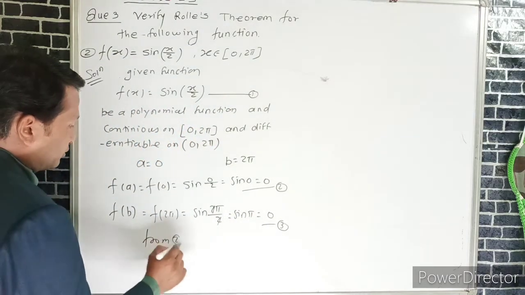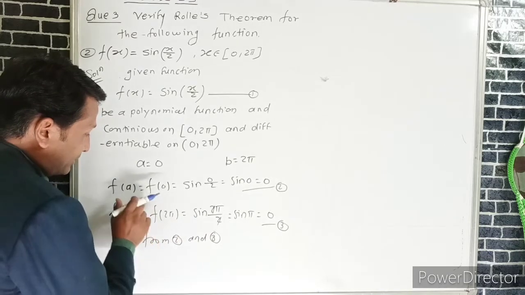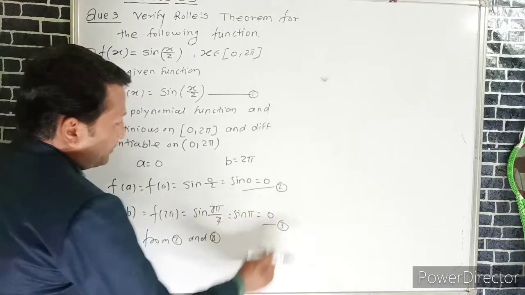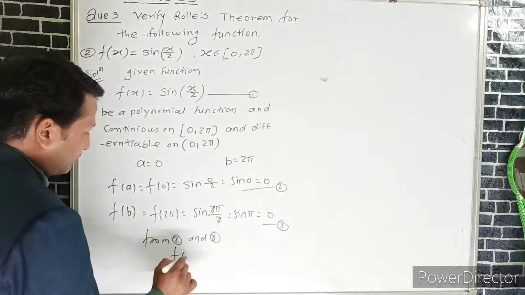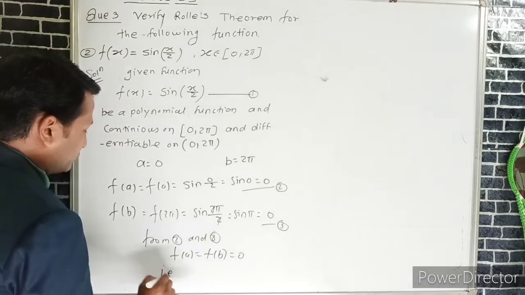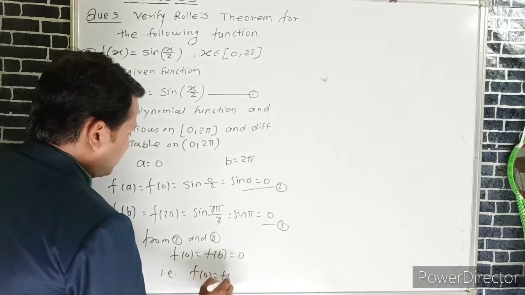From 2 and 3, we can say that the right hand side of f of a and f of b are both 0. F of a is equal to f of b is equal to 0. That is, we can write f of 0 is equal to f of 2 pi.